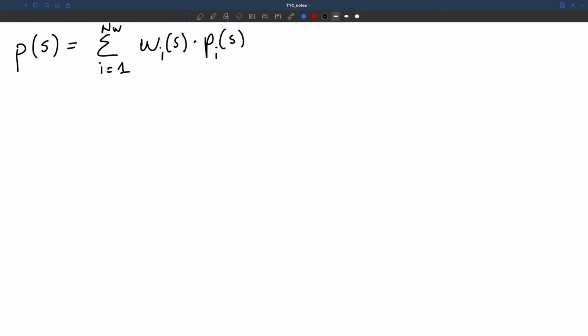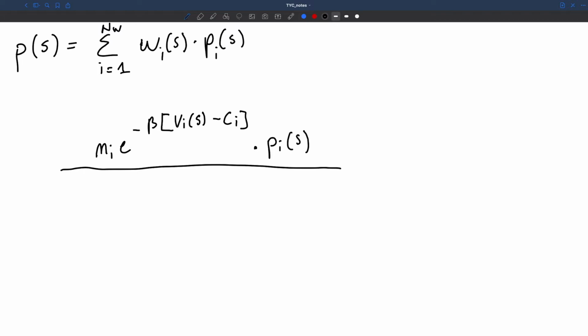If we take one of these terms, we get ni e to the minus beta (Vi of S minus Ci) multiplies now Pi of S. And at the denominator we have the usual sum of nj e to the minus beta (Vj of S minus Cj).